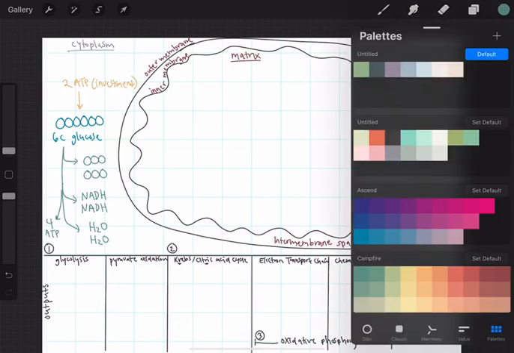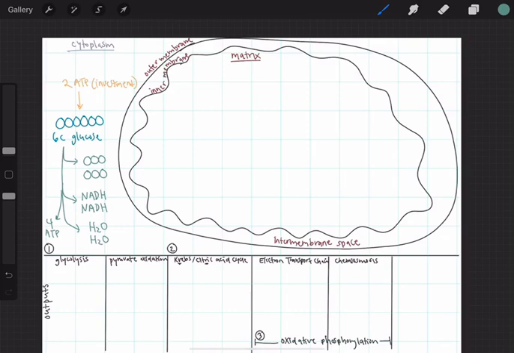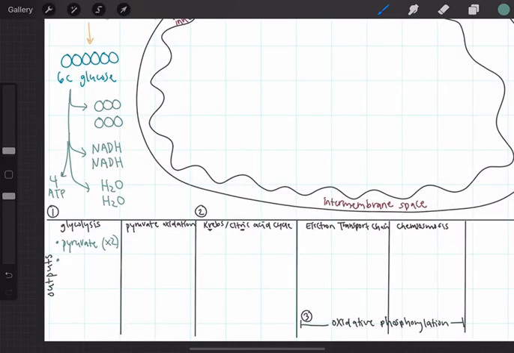And now we're going to do an accounting of all the products that we've created in glycolysis. So starting with 1 glucose molecule that contains 6 carbons, now we have 2 pyruvate molecules, each containing 3 carbons. So far this makes sense. It's like the glucose molecule was cut in half. We also have these reduced electron carriers called NADH. We have 2 of these.